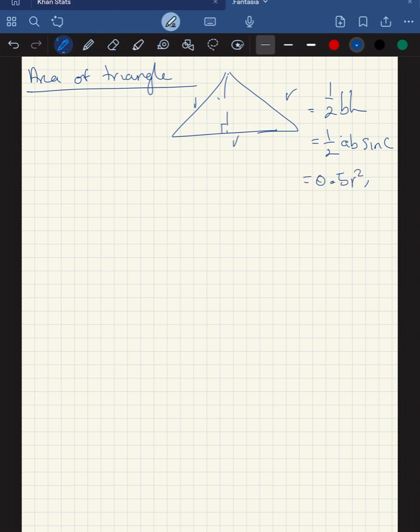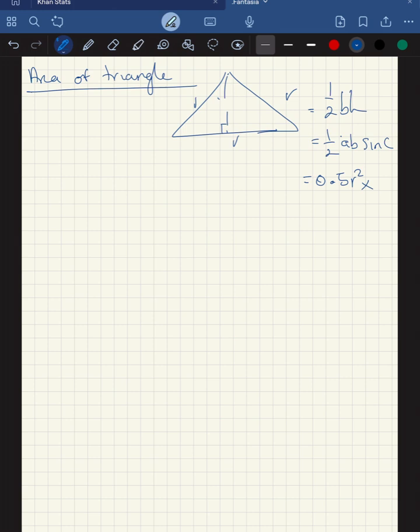0.5 r squared multiplied by sine of, let's put it in radians.